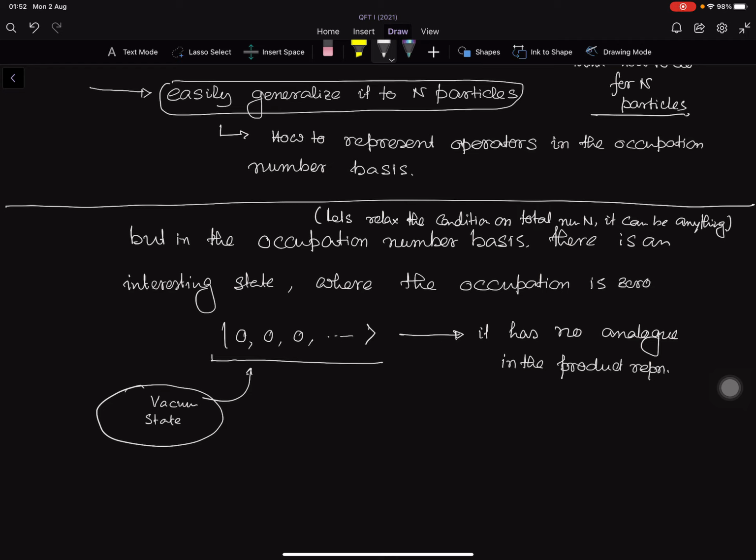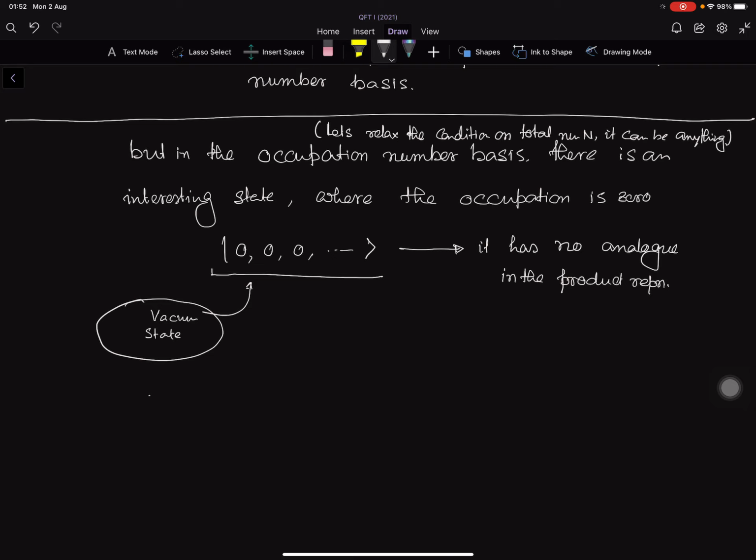Okay, so in this lecture basically what we discussed is two different bases to deal with fermions and bosons. One basis we already knew, the product basis, which we constructed out of products of single particle Hilbert spaces. And the second is the occupation number basis.